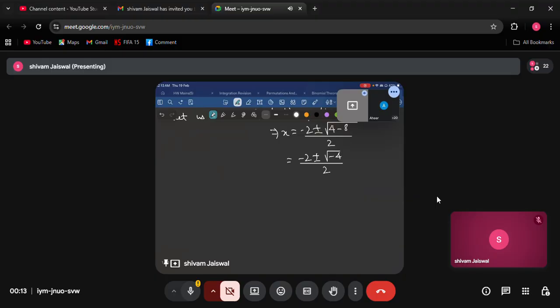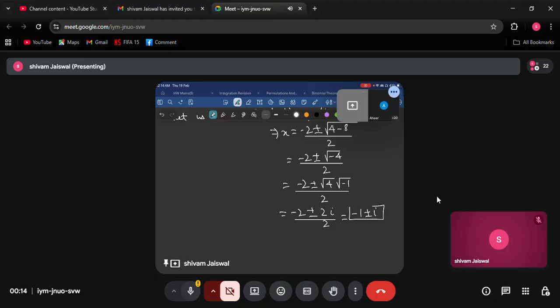Next, further it can be written as minus 2 plus minus, taking out 4, root 4 into root over minus 1. So people had to define this root over a negative number. This will be equal to minus 2 plus minus 2 into root over minus 1, defined as iota, divided by 2. This will be equal to minus 1 plus minus iota.